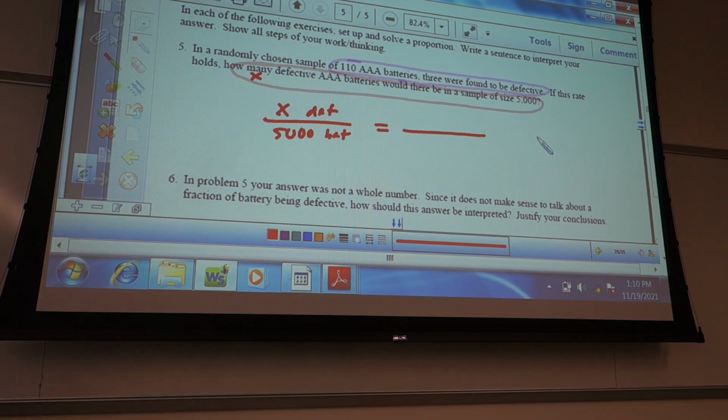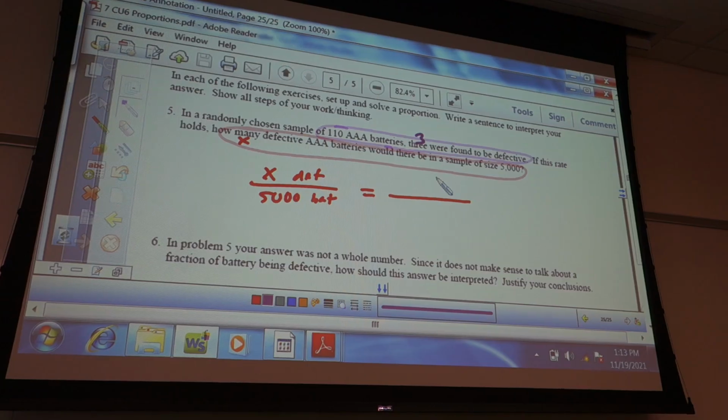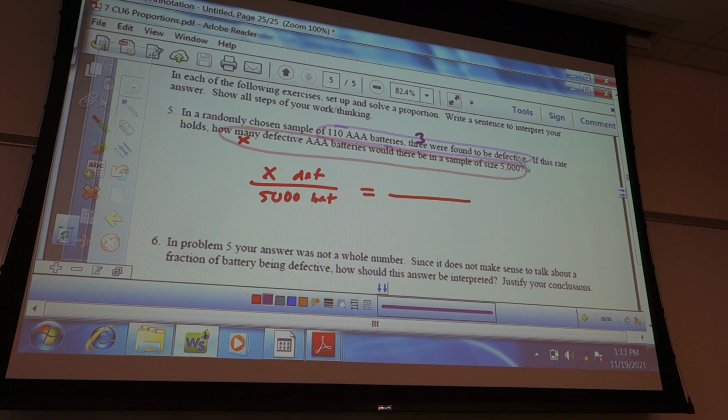And then solve. Say what that means in words, what you found. Write a sentence to interpret your answer.